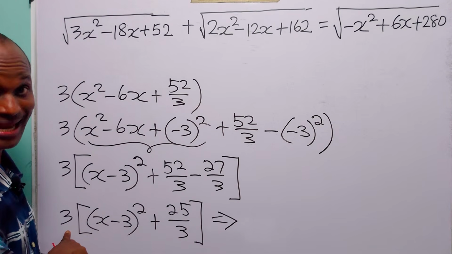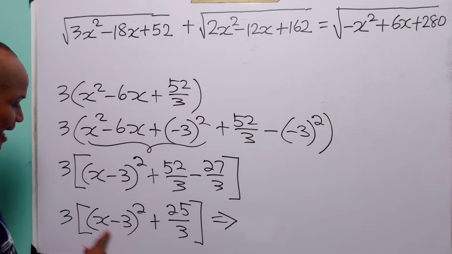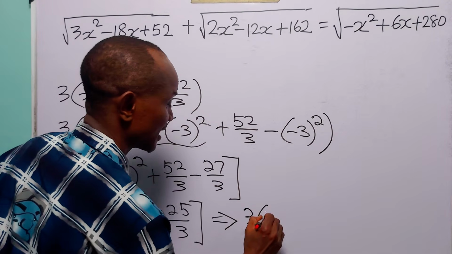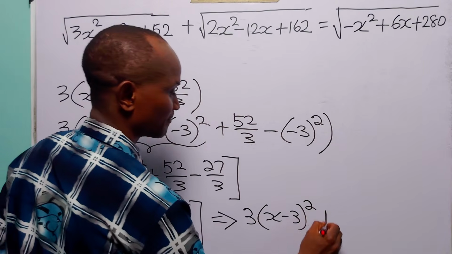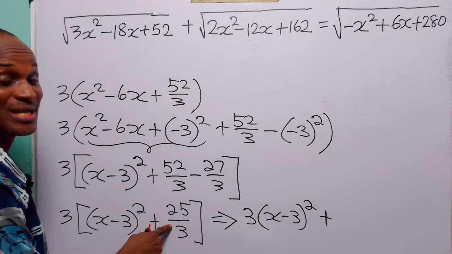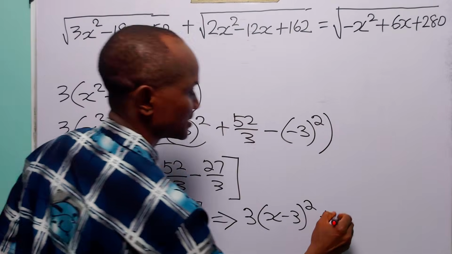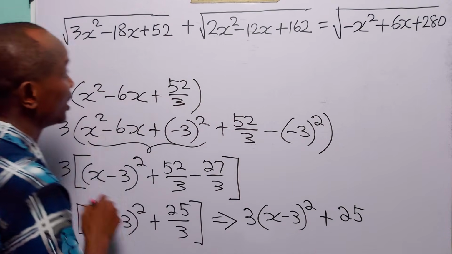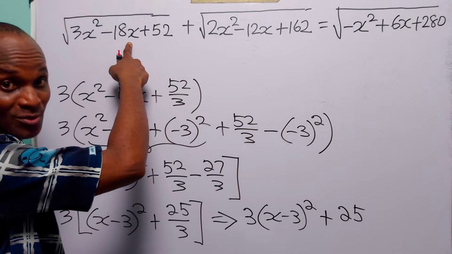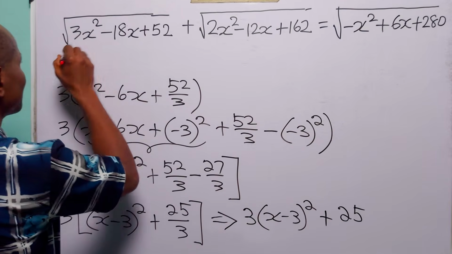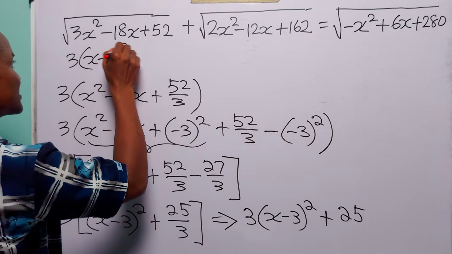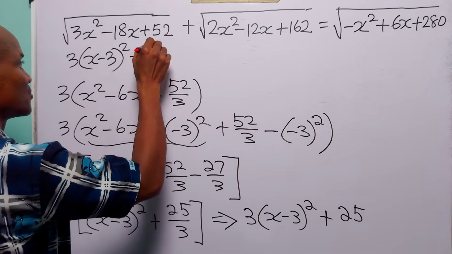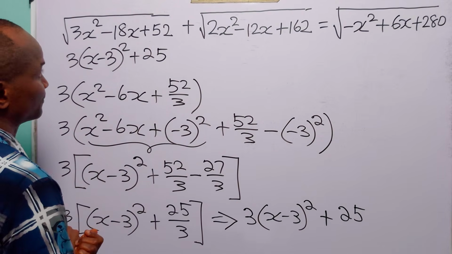Now, we can open the large bracket. So, we have 3 times x minus 3 squared plus 3 times 25 over 3, which of course is equal to 25. So, under this first square root, we have 3 times x minus 3 squared plus 25.